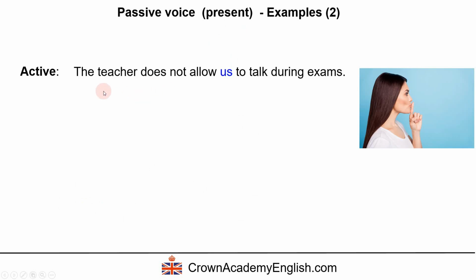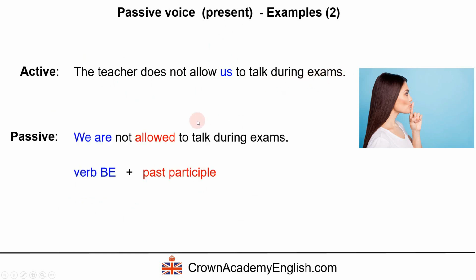So remember this example. The teacher does not allow us to talk during exams. So here we have allow in the present simple. And this is a negative, does not allow us to talk during exams. So in the passive, this becomes, we are not allowed to talk during exams. So we no longer have this information. This is the subject.